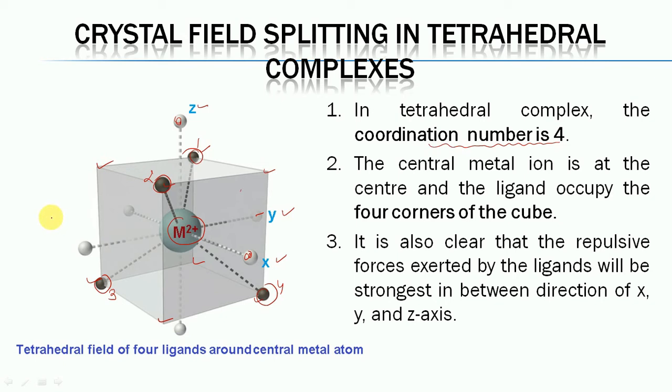In this case, the 3 orbitals, dxy, dyz and dzx, point close to the direction in which the ligands are approaching, while the 2 orbitals, dx square y square and dz square, lie in between the ligands. Therefore, the energy of the 3 orbitals will be raised, while the energy of the 2 orbitals will be lowered. Thus, in the presence of a tetrahedral field, the splitting of the d orbitals takes place in 2 sets.